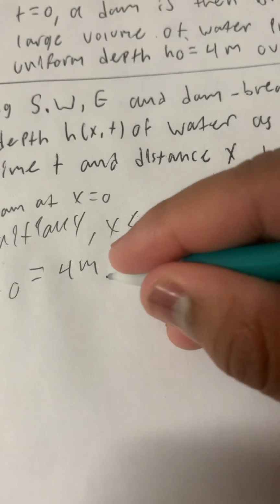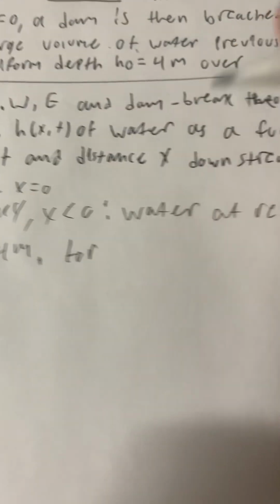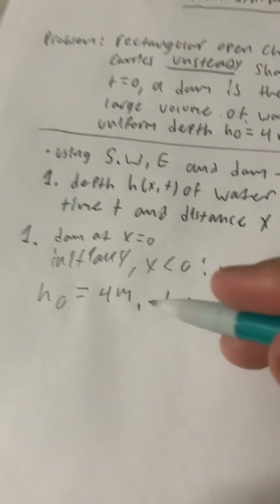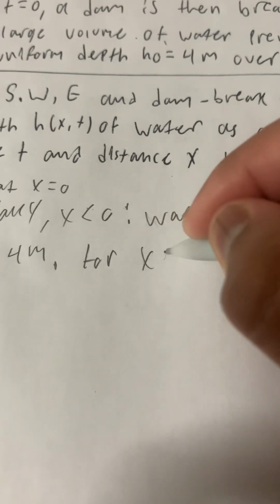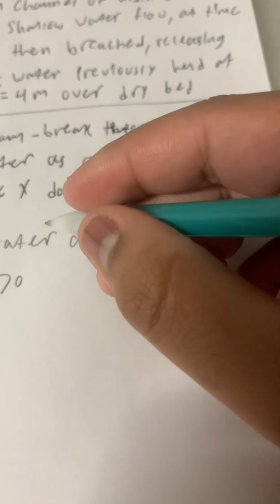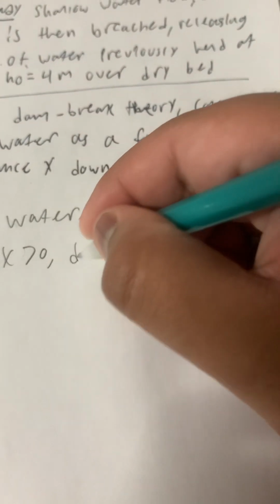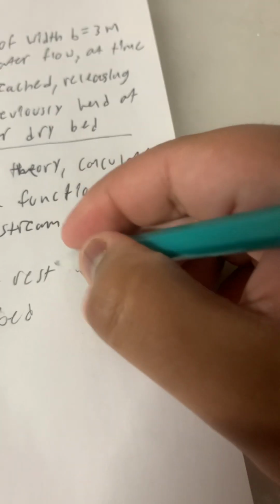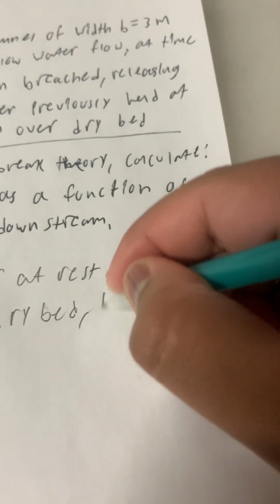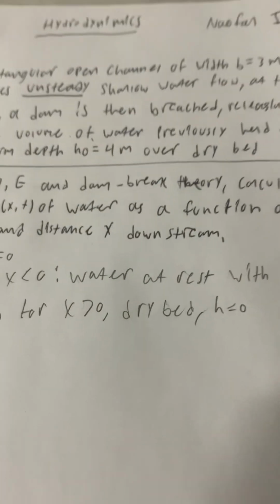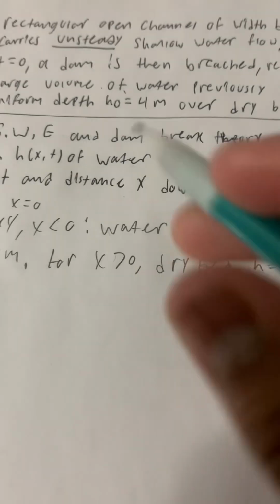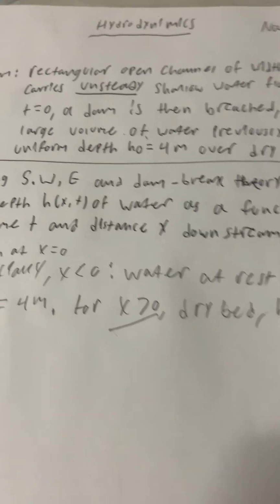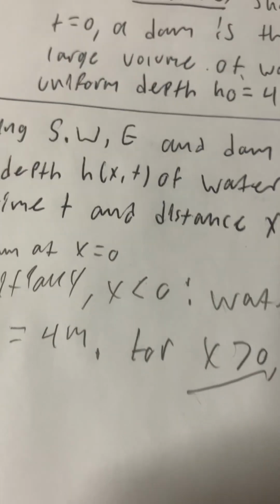Now for x greater than 0, it's a dry bed, so h must equal 0 for x greater than 0. Hopefully I'm explaining this properly.